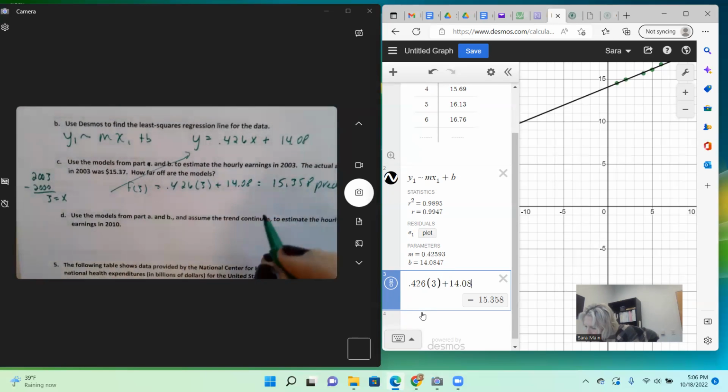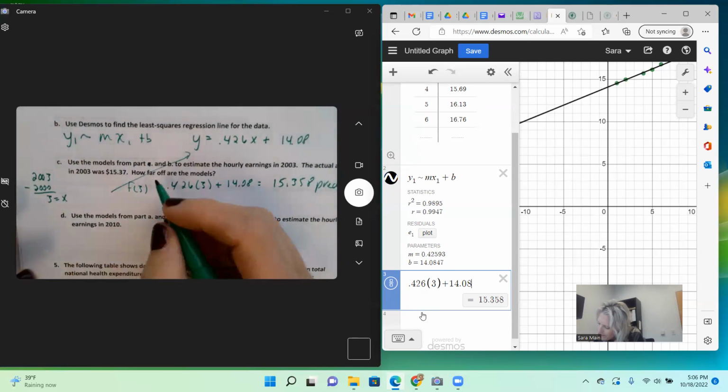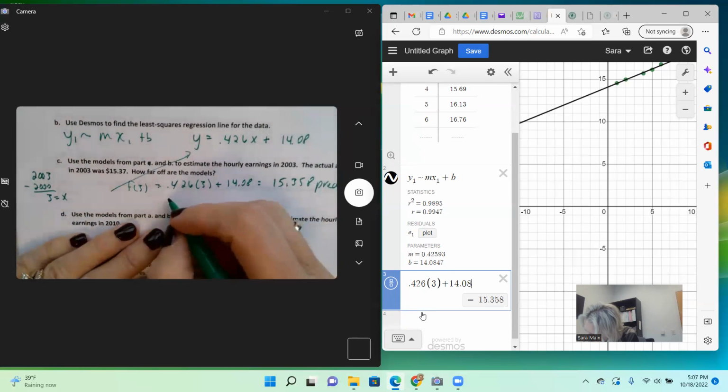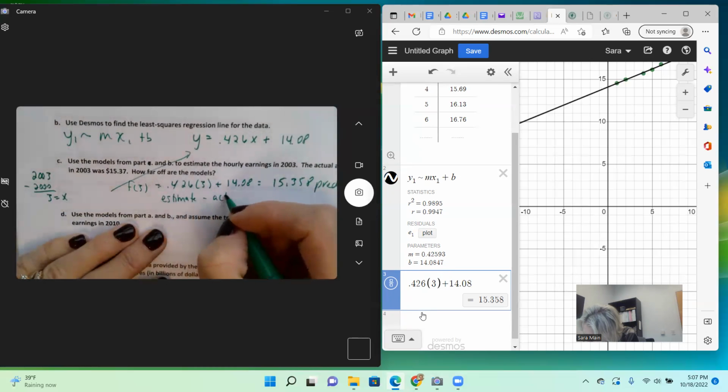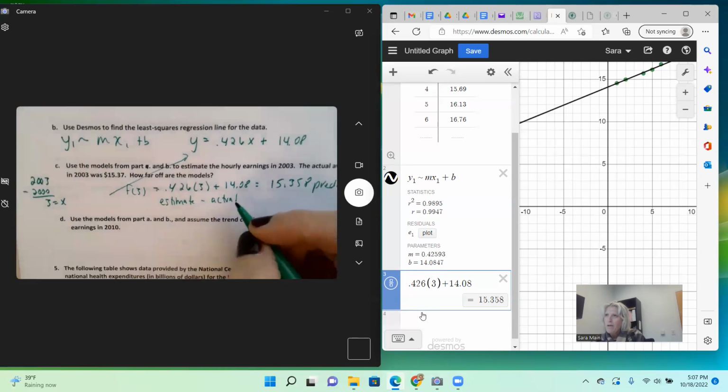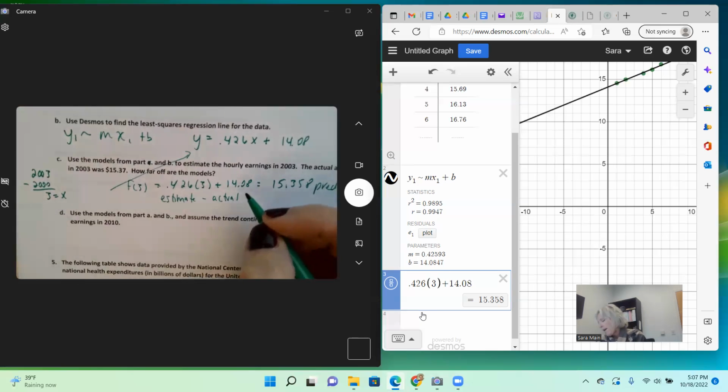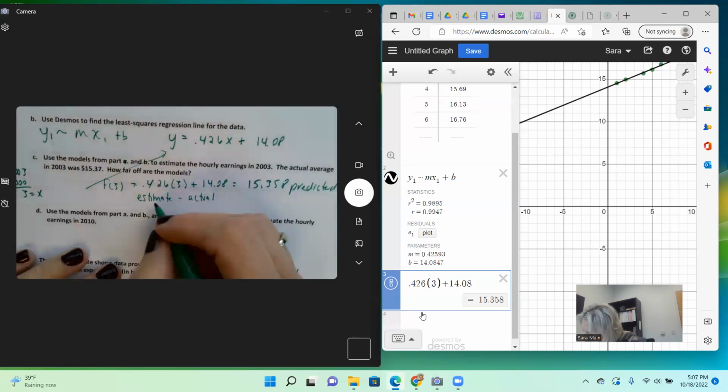And then it says how far off. The actual was 15.37. So we're going to do the estimate minus the actual. Actually, they like you to do actual minus the estimate, I think.